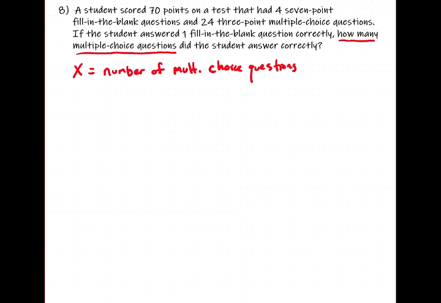So let's think about simplifying the problem in words before we create our algebraic equation. So what do we know about the points this student is receiving? Well, their points are coming from two different places. There's the points coming from the multiple choice questions, and there's the points coming from the fill-in-the-blank questions.